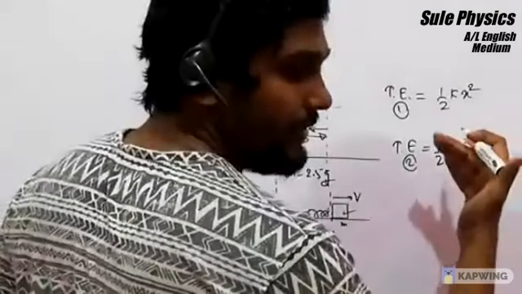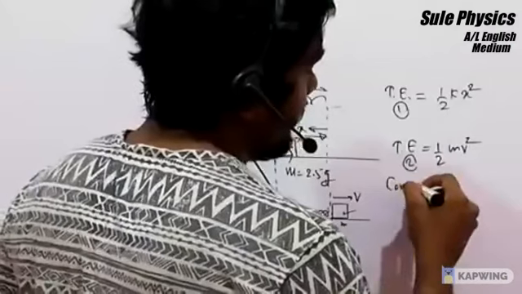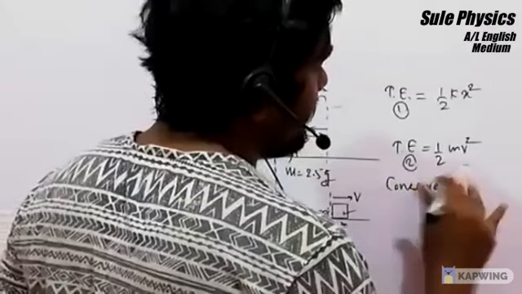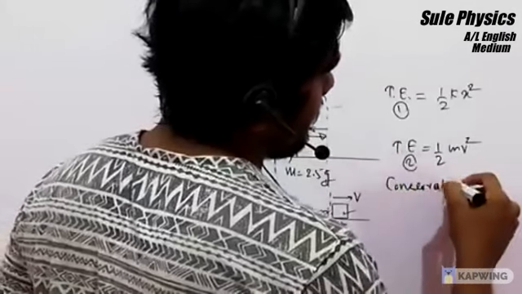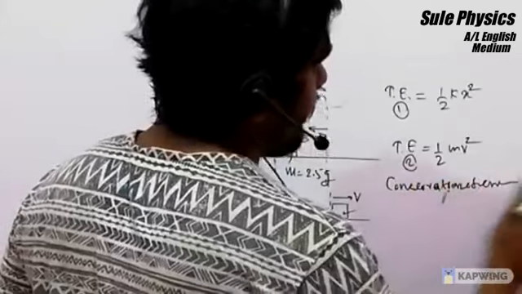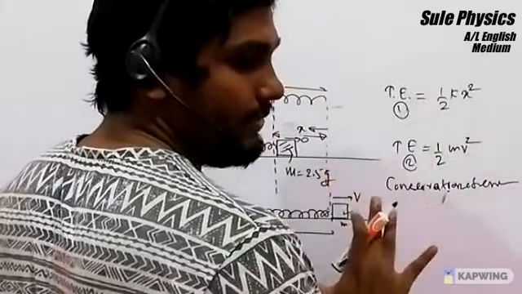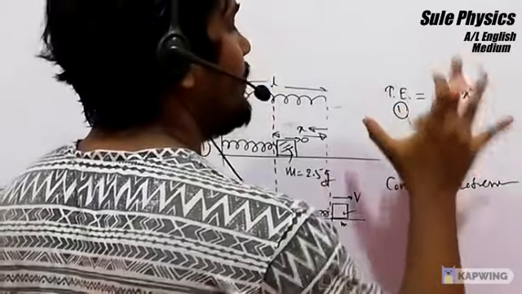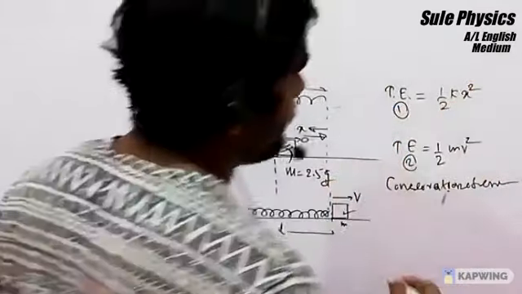Then, according to conservation of energy, total energy is constant. The total energy of system 1 should be equal to the total energy of system 2.